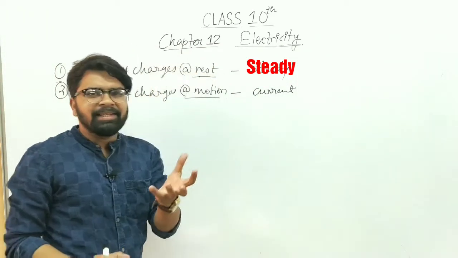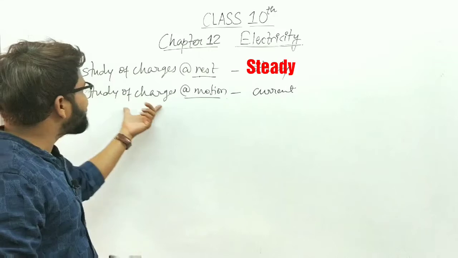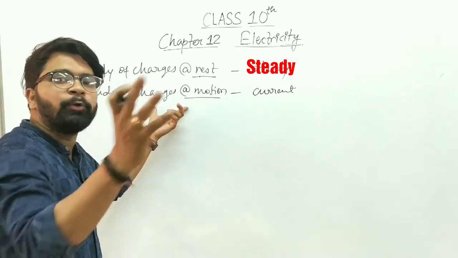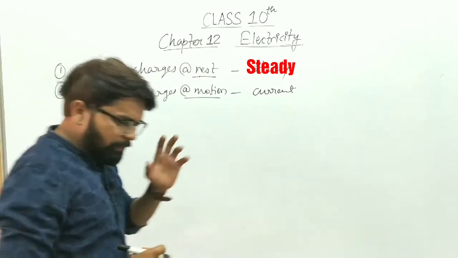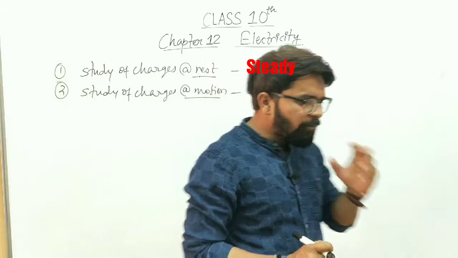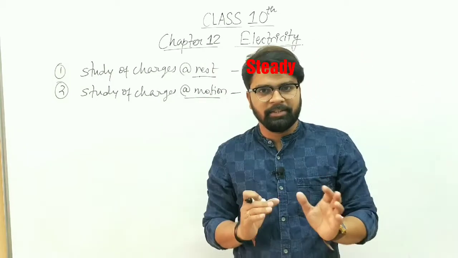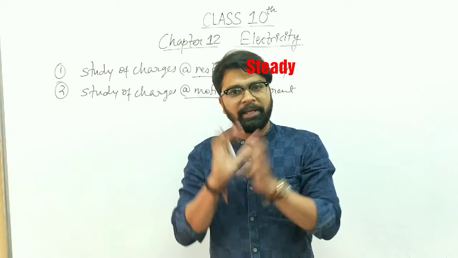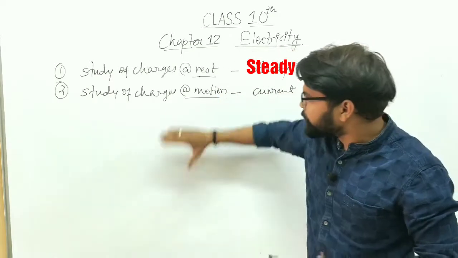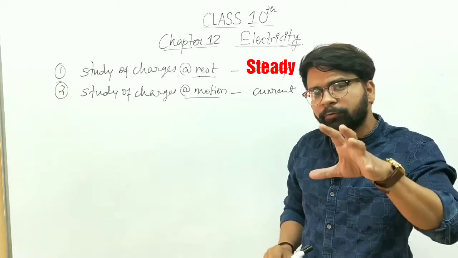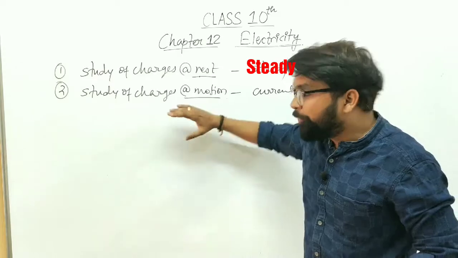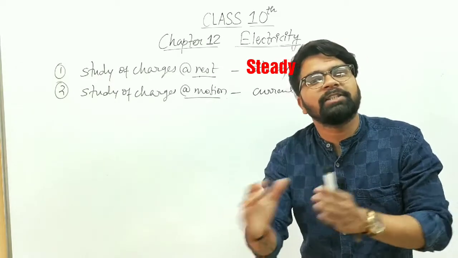Now, at what places is this steady charge going to happen? The basic thing is that we have to understand the concept of flowing of charges from one place to another place first. Why am I going to focus on charges first? Because you know where there is a possibility of charges to flow.